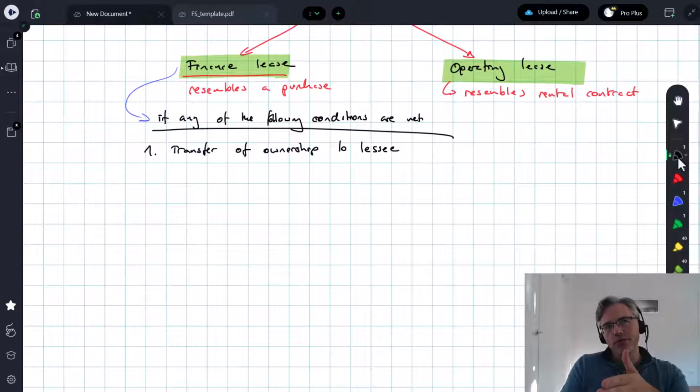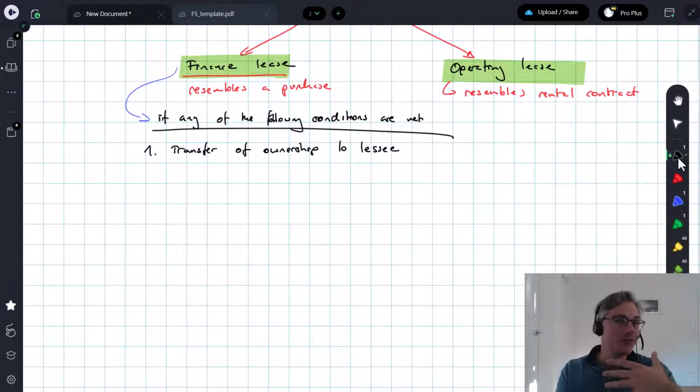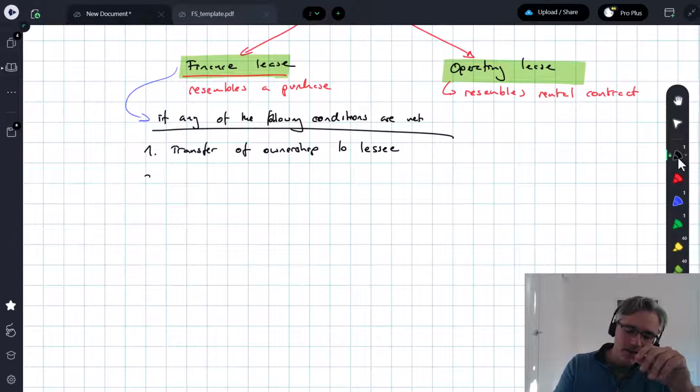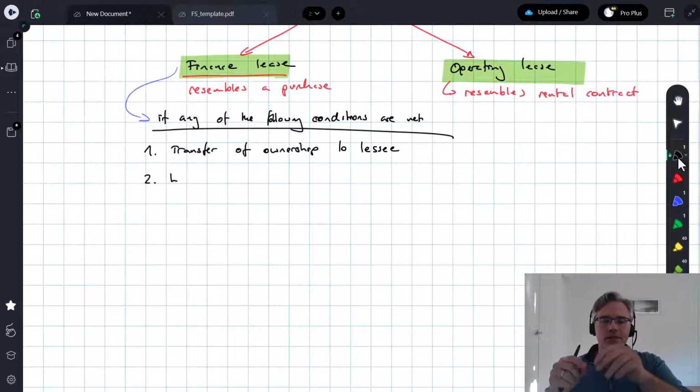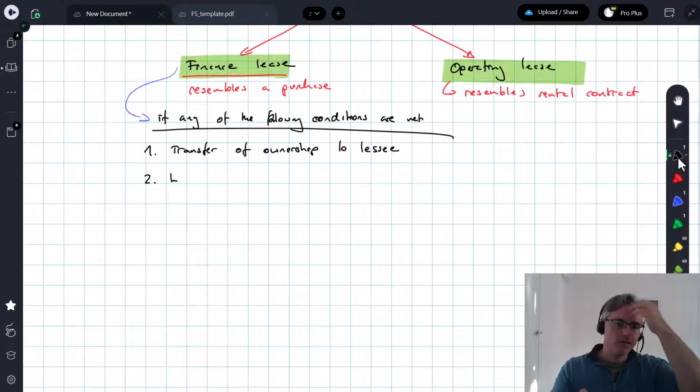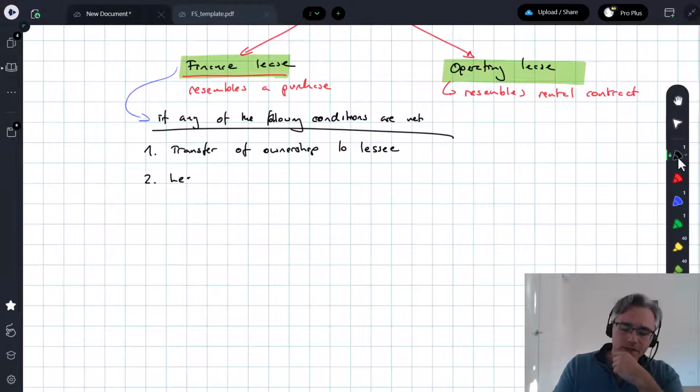So from the point of view of thinking about it even now when it isn't yours yet, you probably approach it and you handle it with the care and love that you would if it already was yours. In the same way, if the lease doesn't specify that there will be a transfer as such, but it specifies that the lessee, that's the user of the asset, has the option.